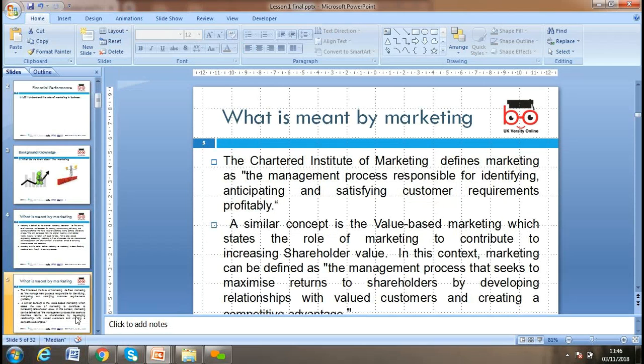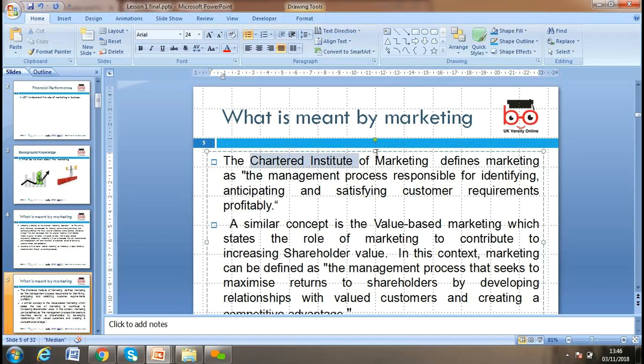Next we look at another quite popular institute, the Chartered Institute of Marketing, CIM, which is based in the UK. They define marketing as a management process responsible for identifying, anticipating, and satisfying customer requirements.